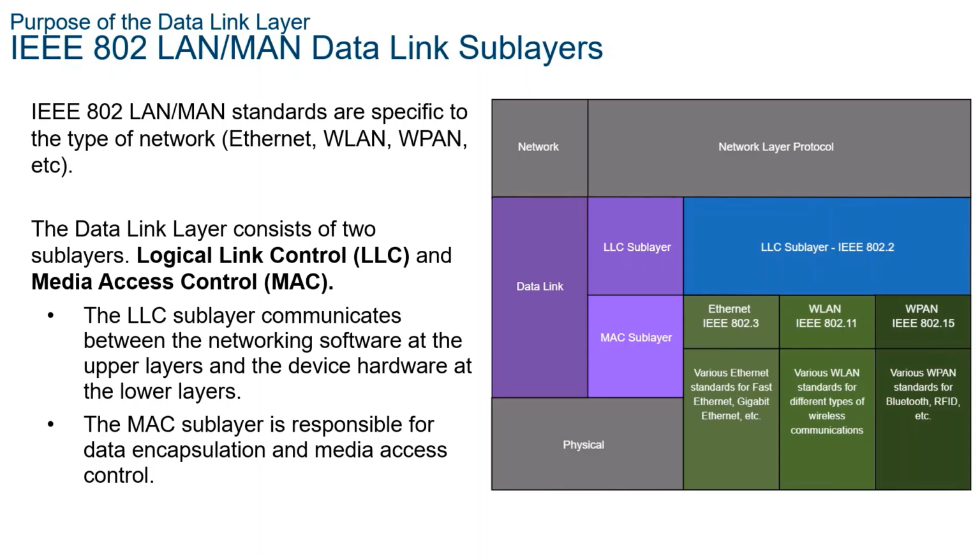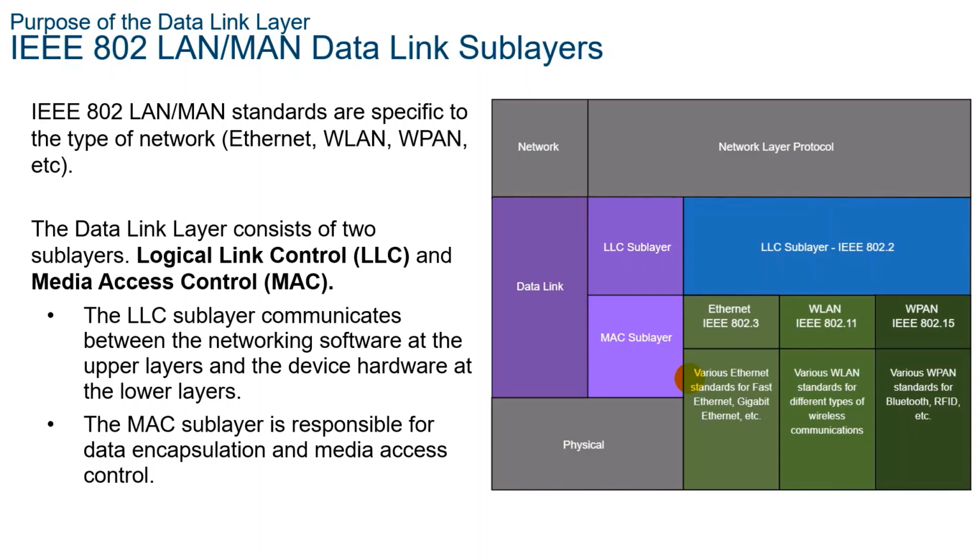The MAC sublayer provides data encapsulation, which includes frame delimiting, addressing, and error detection. When you say frame delimiting, the framing process provides important delimiters to identify fields within a frame.